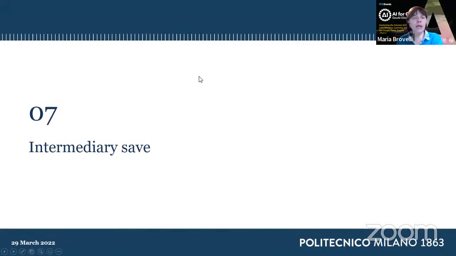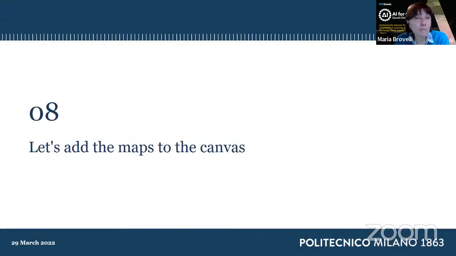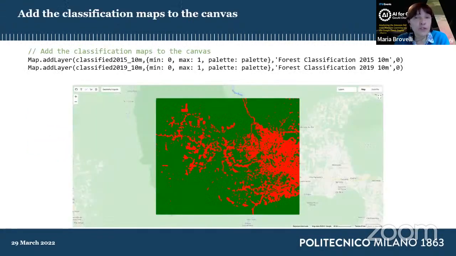Okay, because now the next step is to save the data, and for saving the data, you see, we export them as assets, and then at this point we have our data saved. Next step, we load them back into Google Earth Engine, as we needed to do for every external dataset, and we add the classification maps to our canvas.